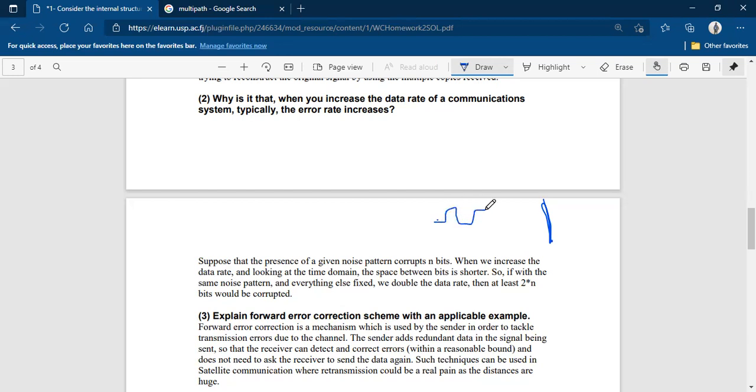Let's say at the moment it takes the signal from this particular point to reach this particular point over here, or this particular area, is 10 milliseconds, right? 10 milliseconds.